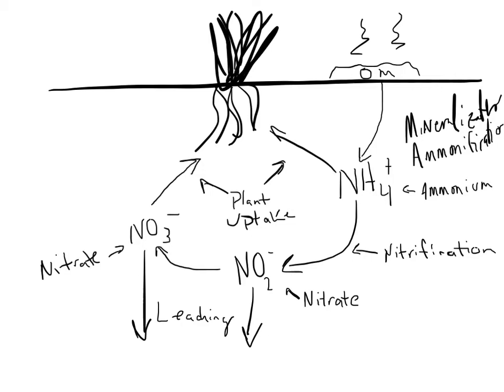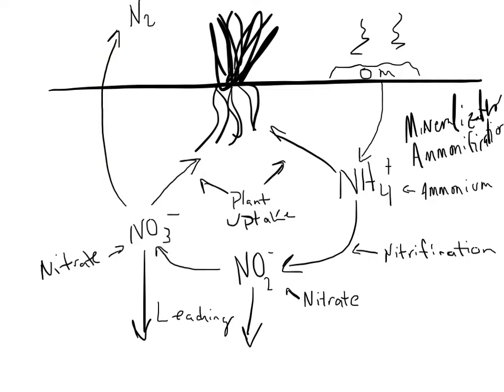When we have nitrate over here on the left-hand side, we can have soil conditions that actually convert that nitrate into nitrogen gas. Okay, so that's just a gaseous form of nitrogen. This process typically happens in an anaerobic type of situation, so a waterlogged situation, a situation with low oxygen availability.